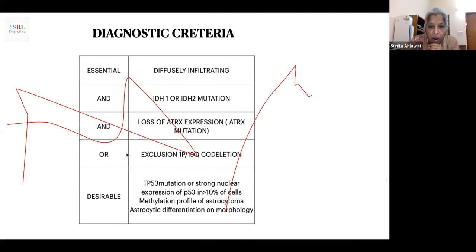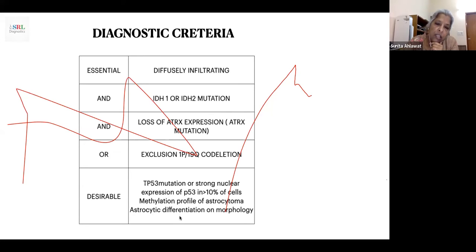Exclusion of 1p19q co-deletion. These are essential. Desirable is that you see p53 mutation, the surrogate of which is the IHC, that is strong nuclear expression of p53 in more than 10% of tumor cells, and if the methylation profile is of astrocytoma IDH mutant, and astrocytic differentiation on morphology.